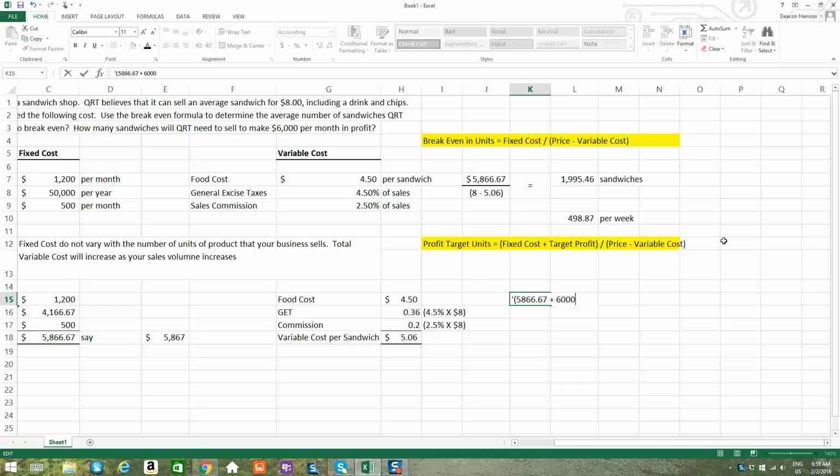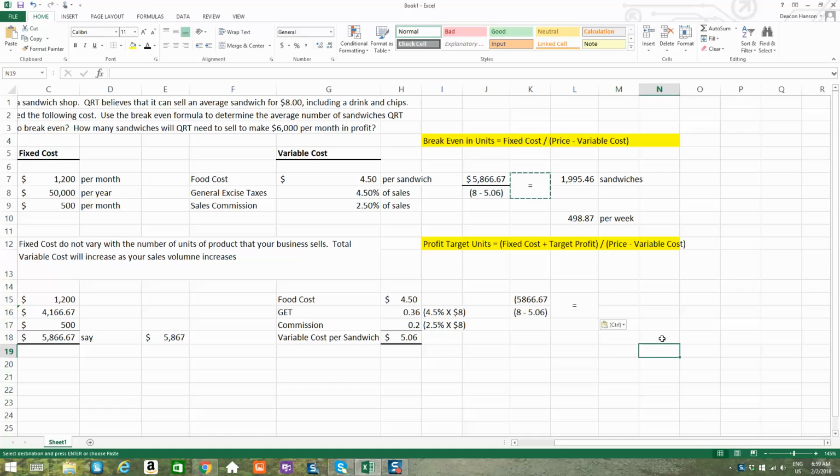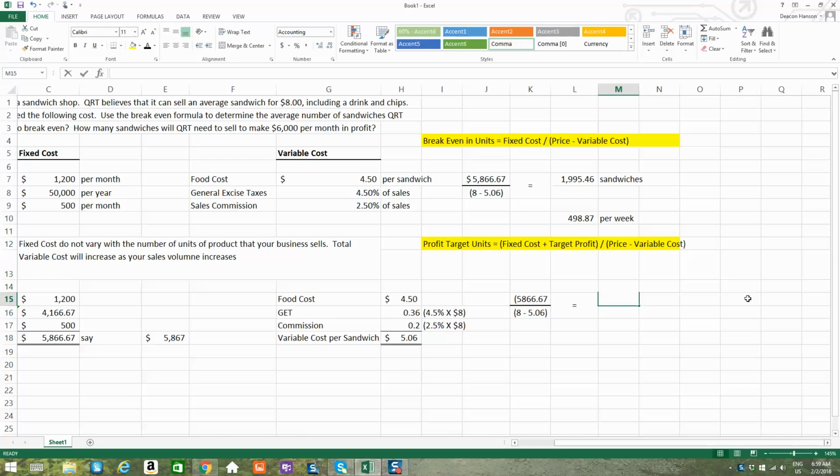So let's just see how much the number of sandwiches will need to be for us to hit 6,000 a month. Well, we'll take, I'll just use that number up there since that's a real number, plus 6,000 divided by $8 minus 5.06.